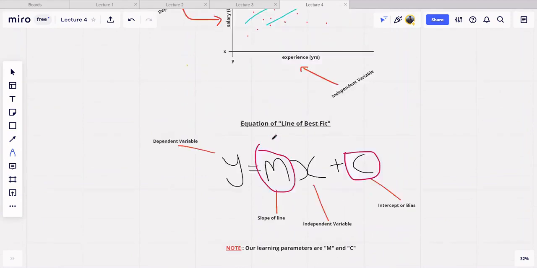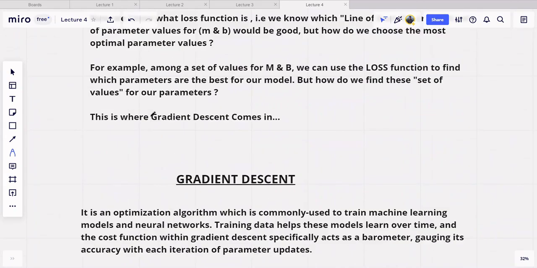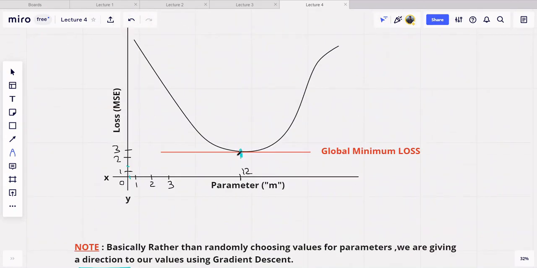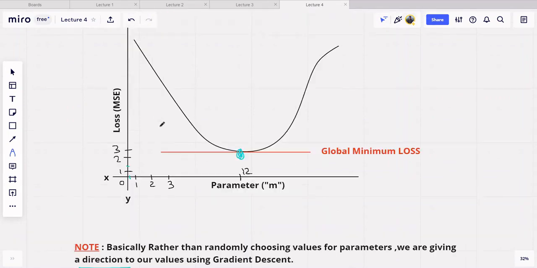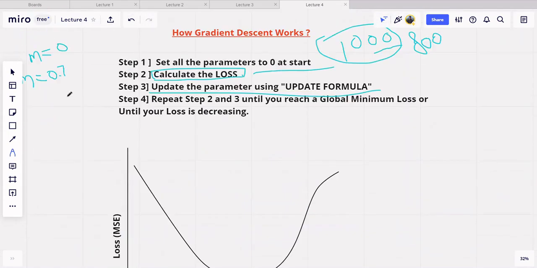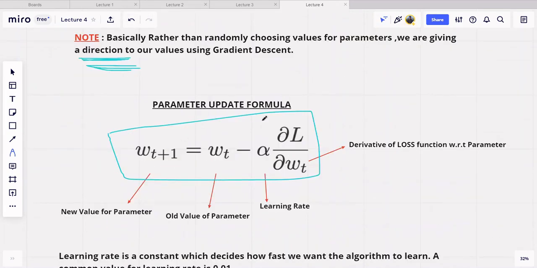But we want only one value for which the loss function is minimum, and we don't want to randomly select values. We want a particular direction in order to select the values. So that's why we start at 0, and as the iterations increase, we use the updation formula to update the value of that parameter.